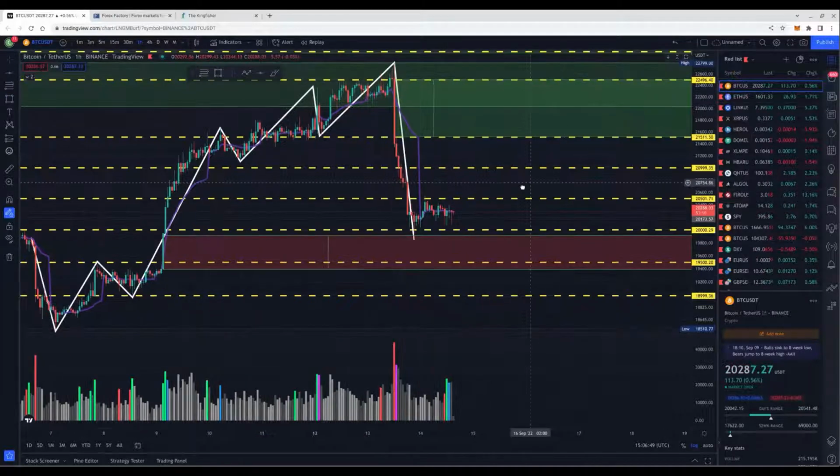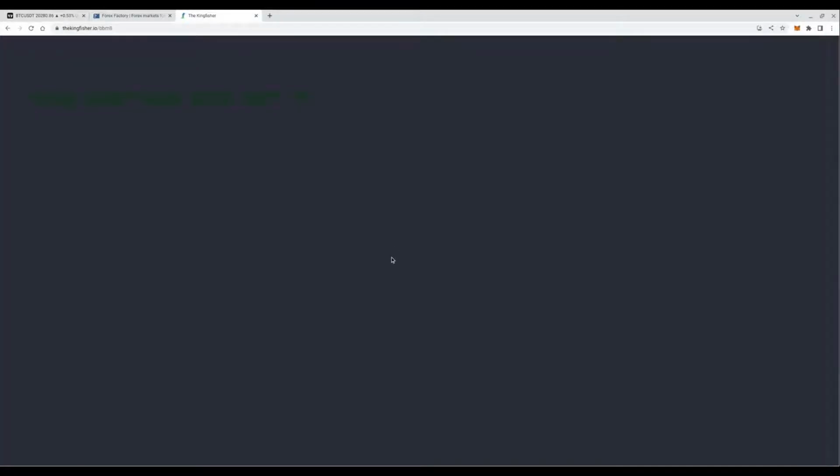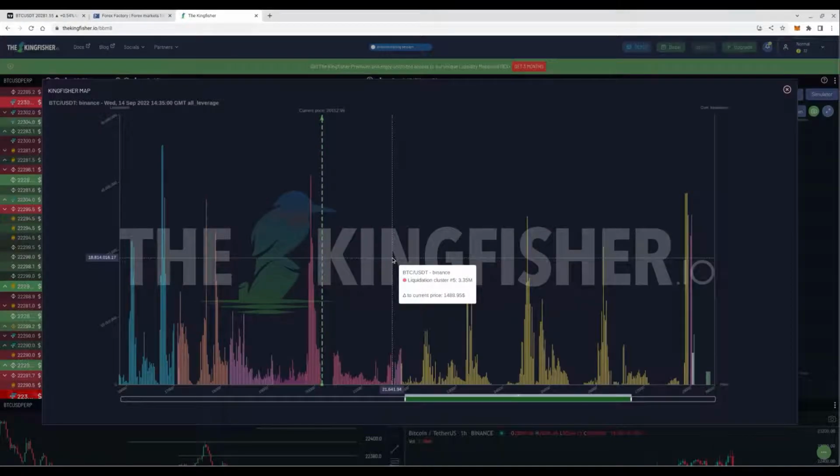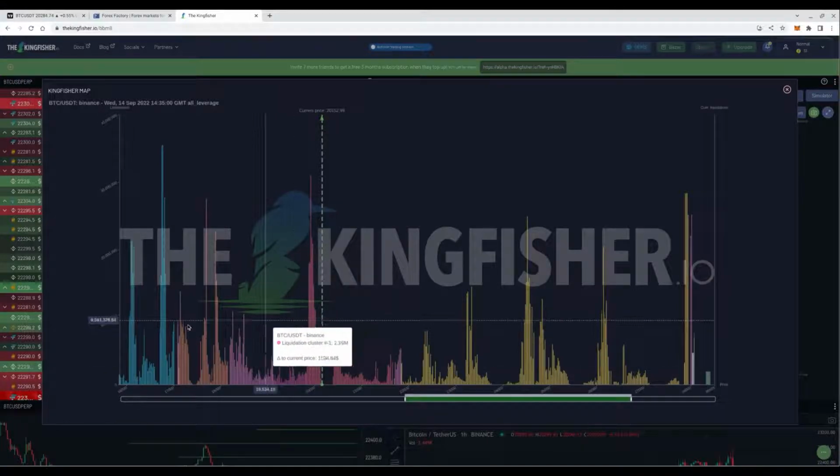So we know where the latest liquidity is. Let's look at Kingfisher and the liquidity points. How is it looking? How many people have been going long or short? It's updated, so don't worry about that. Interesting. We see that we have a lot more liquidity to the downside.